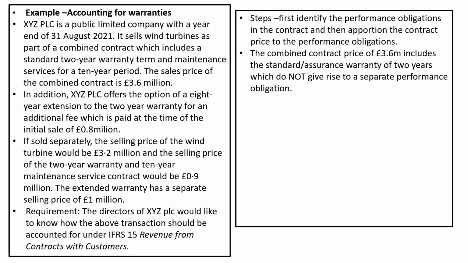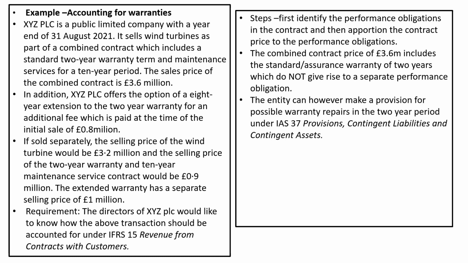the performance obligations. The combined contract price of $3.6 million includes the standard assurance warranty of 2 years, which does not give rise to a separate performance obligation.